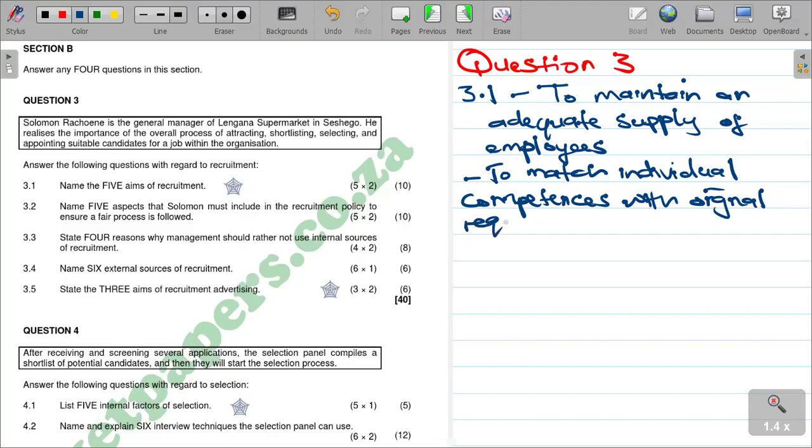We want to match the competence of the individual with what the organization requires. And then number 3, to create a positive image of the organization. Imagine an organization that does not recruit. It will be having a negative image.